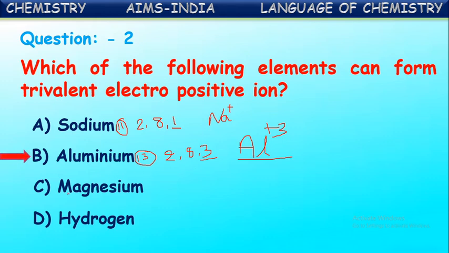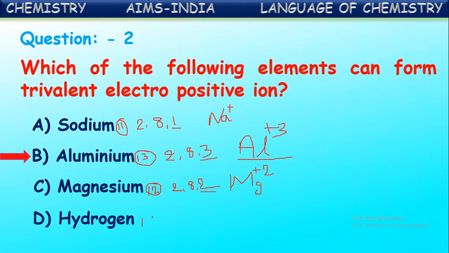What about magnesium here? Magnesium's atomic number is 12. So what ion will it form? Let us see the configuration: 2, 8, 2. So it has only 2 valence electrons, and it forms a divalent electropositive ion, valency 2. And if you see hydrogen, the configuration of hydrogen is 1 as its atomic number is 1.